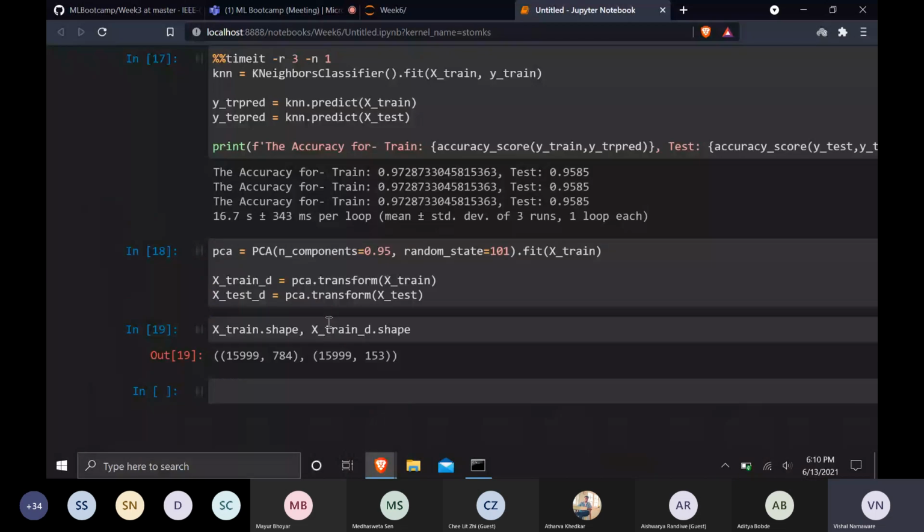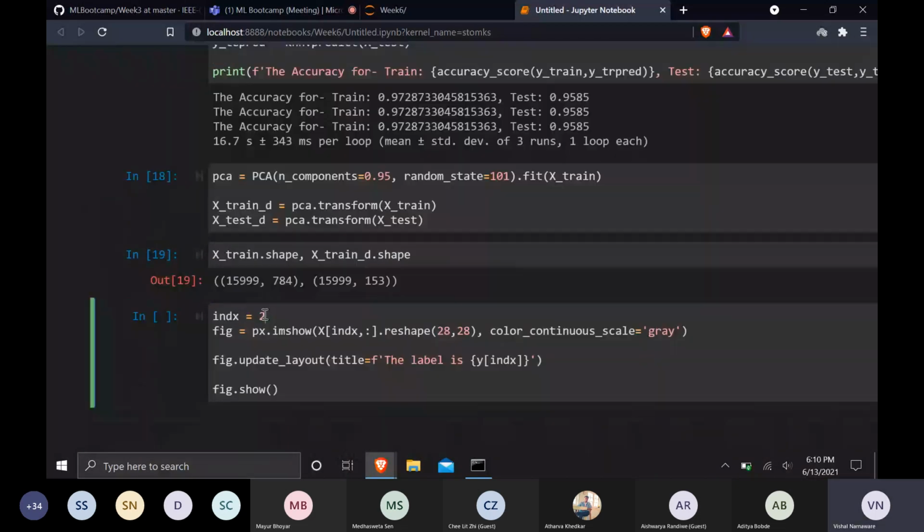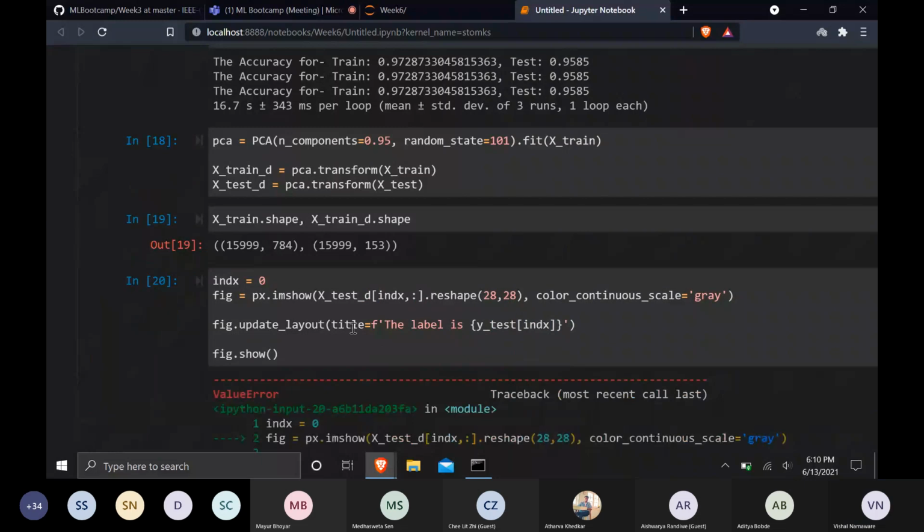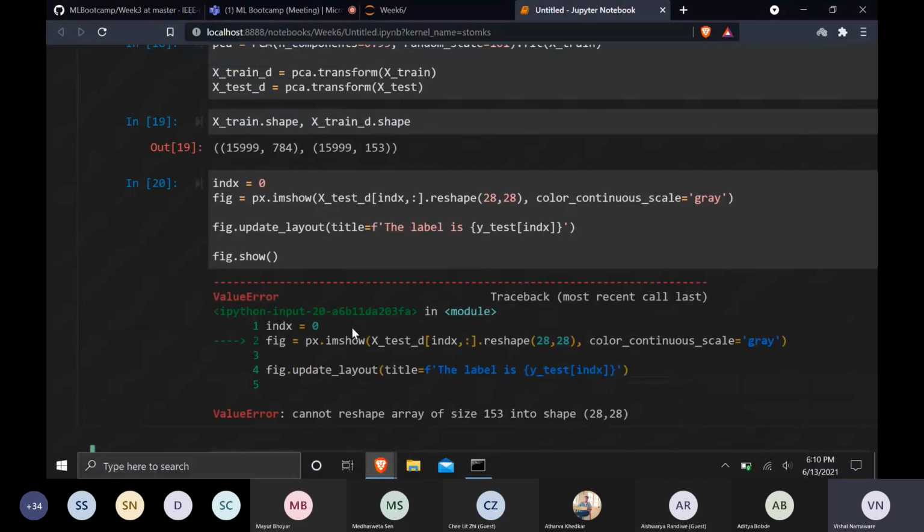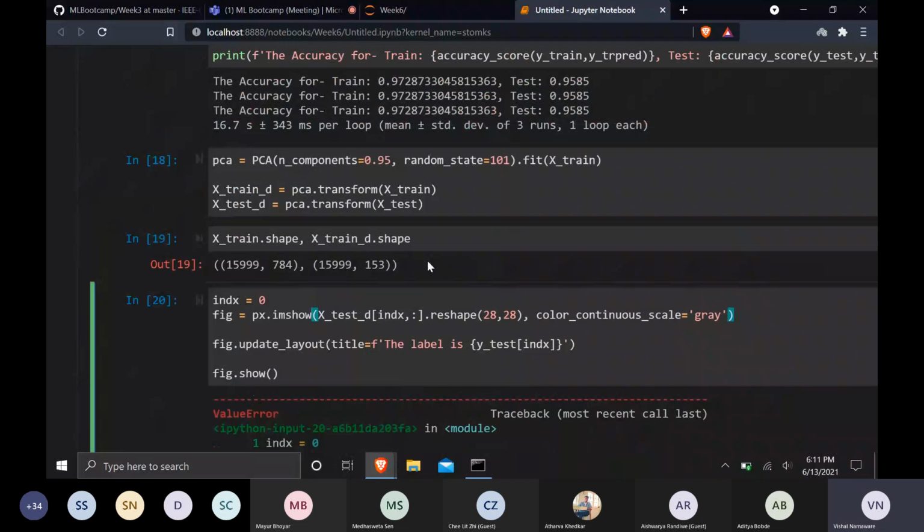I'm going to check the X as decomposed. Everything is the same, and y_test. Yep. And the thing is that you don't have 784 columns anymore. So if you reshape it into 28 by 28, this won't work.